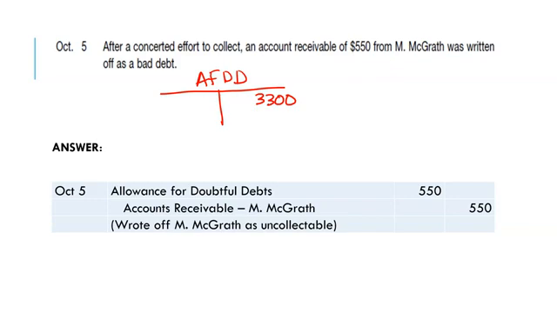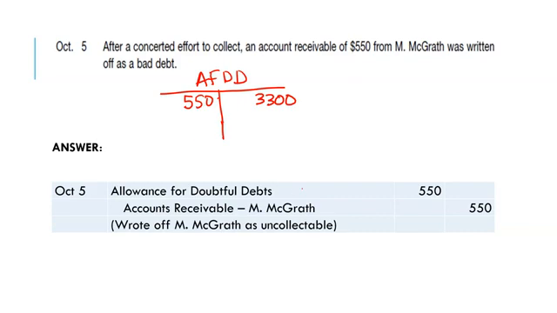So when we confirm that we're not able to collect 550 from McGrath, we're going to debit our allowance for doubtful debt by 550. So our allowance for doubtful debt will reduce to 2850.